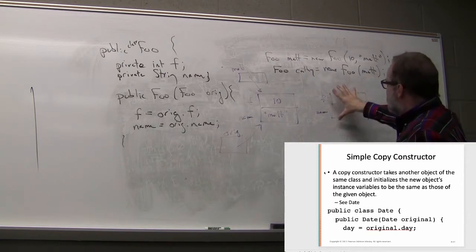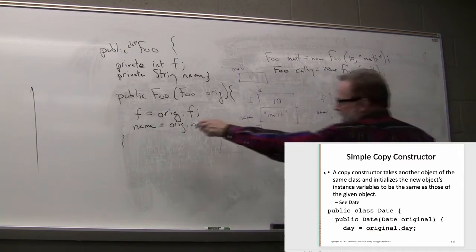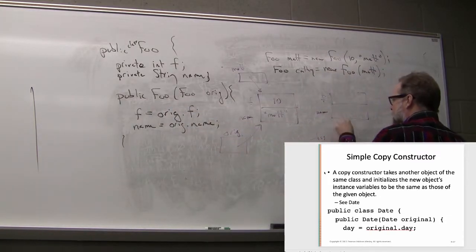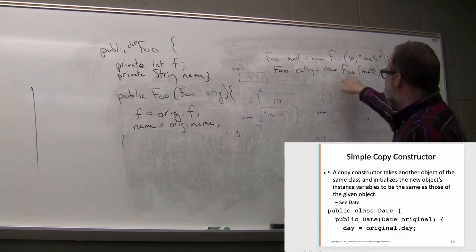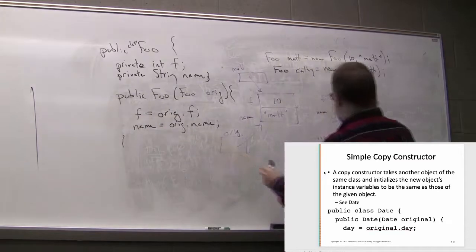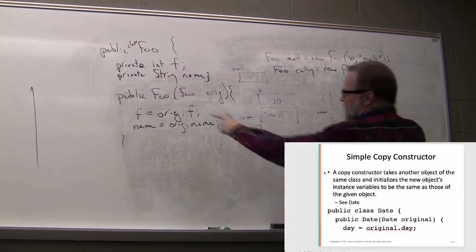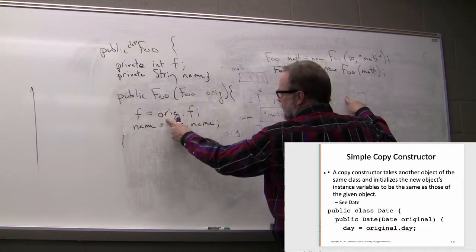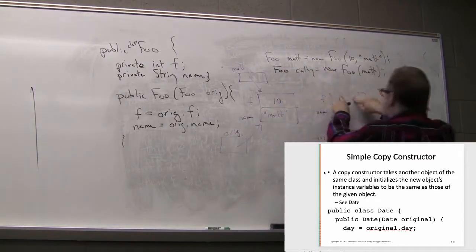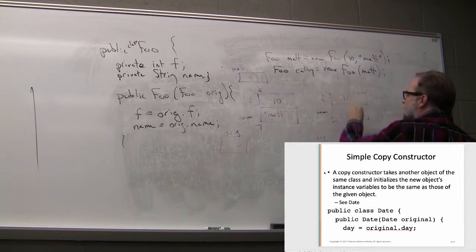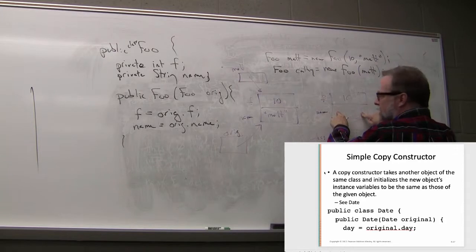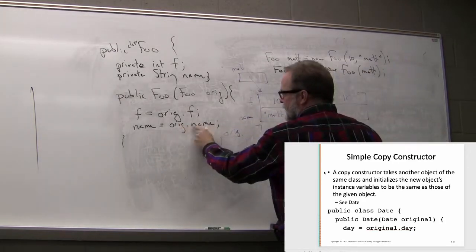And so this parameter is implicit. I didn't actually use the keyword this, but it's there. So this is pointing to the brand new chunk of memory which the new method has carved out. Now I want to set the f field of this, that's this f field over here, equal to the f field of orig, that's this f field here. So it's going to copy this 10 over here. Then it's going to copy into the name field, which is here, the name field of orig.